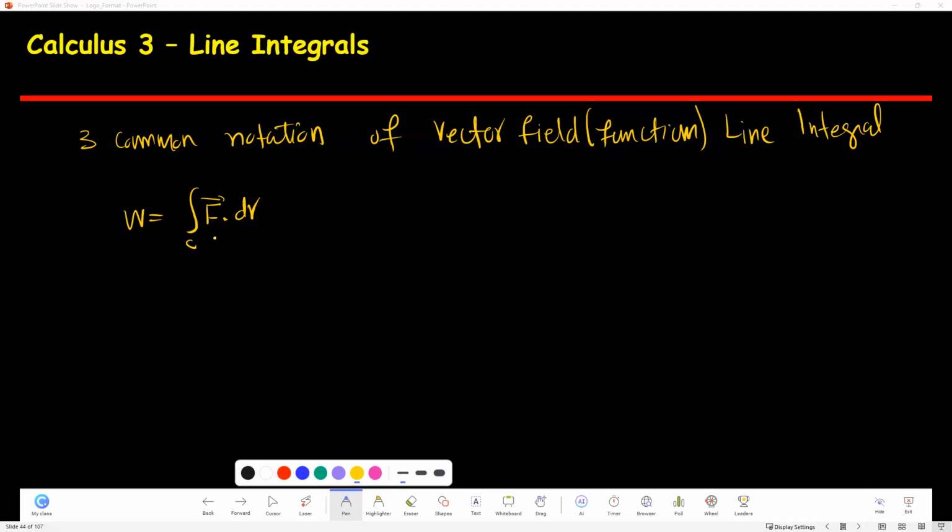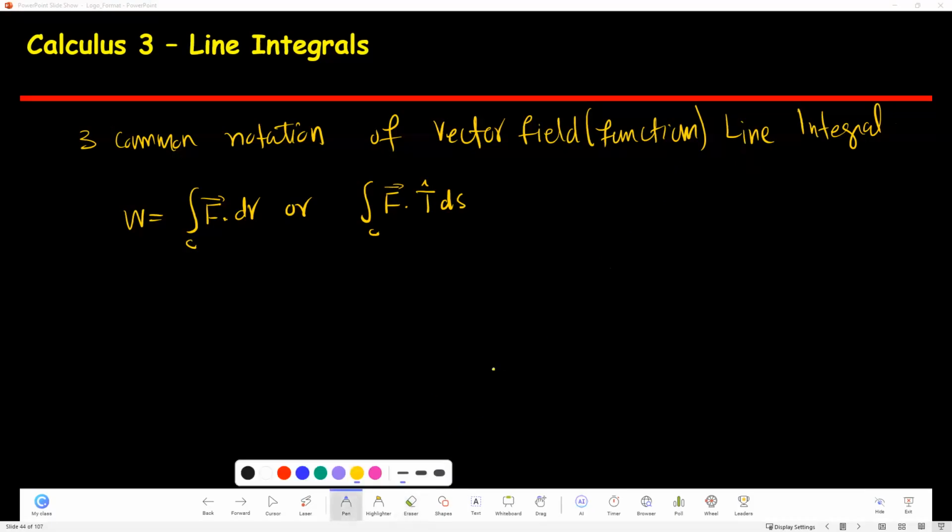You can write dr, or you can write it like this: C, function dot d ds. These are unit vectors. You can write dr or u ds. This u is a unit vector, that's why t is a unit vector.